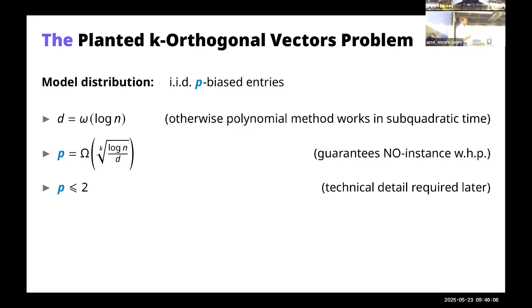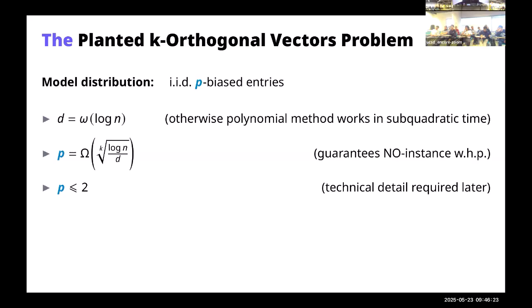And okay, now let's talk about parameters. We need to set D to be slightly super logarithmic, at least, because otherwise the problem is not n to the k, because we have this polynomial method that even saves space.